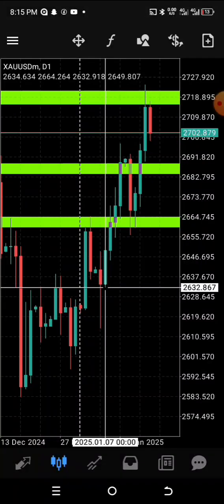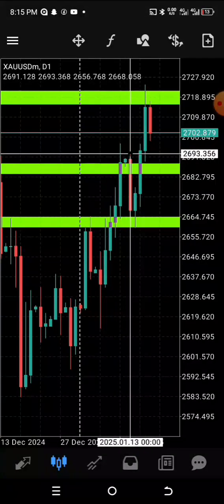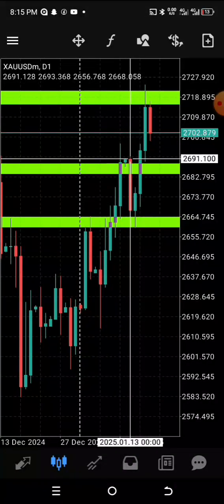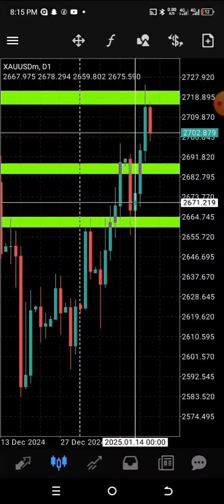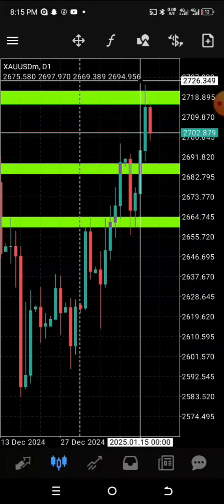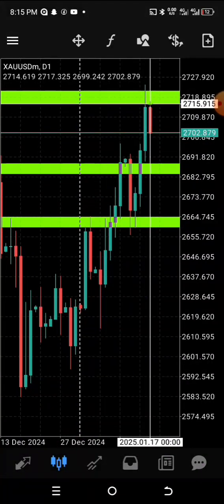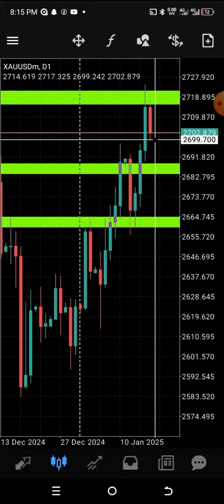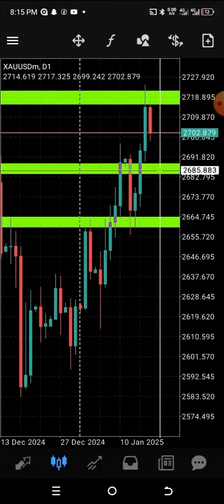You can see price made a low, made a high, this is a high, this is a higher low. Now it made a high. Now at this point, this is the beginning of the candle coming down to make a higher low at this zone here.